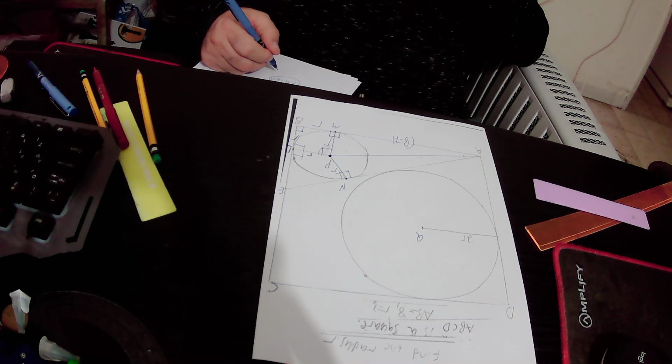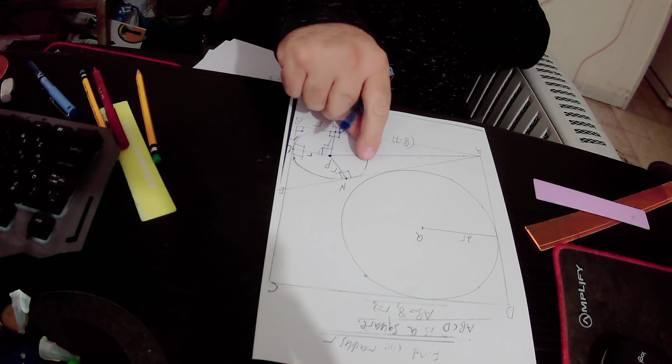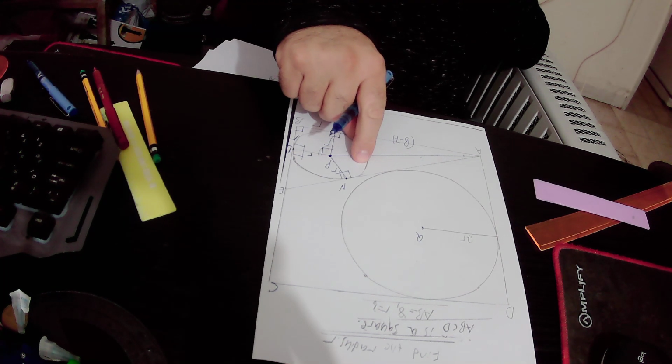So in the next step, we will prove that those two right triangles are congruent to each other.